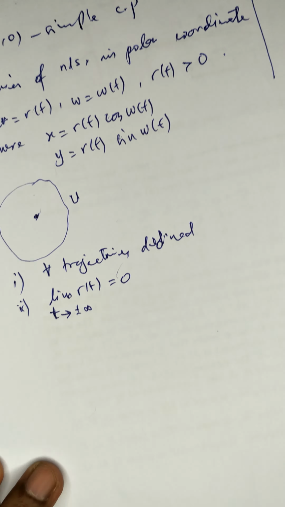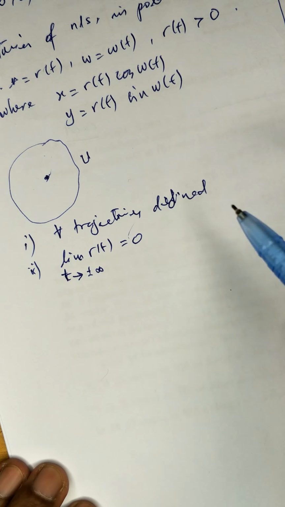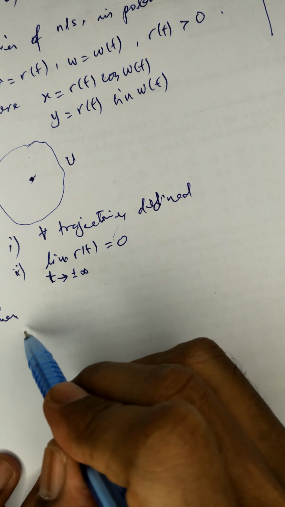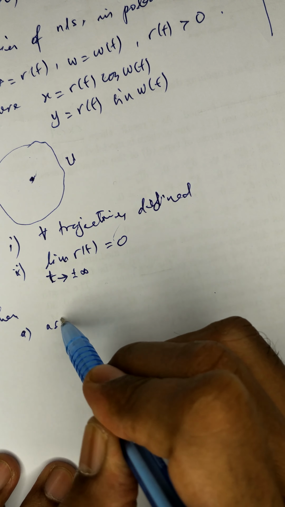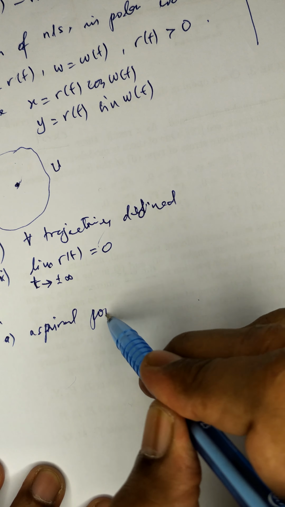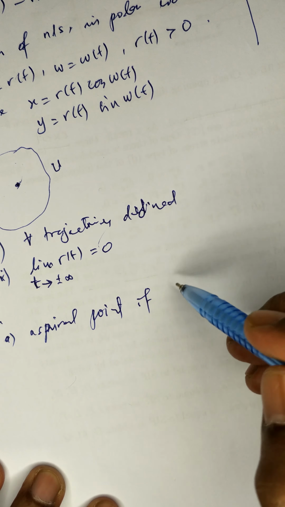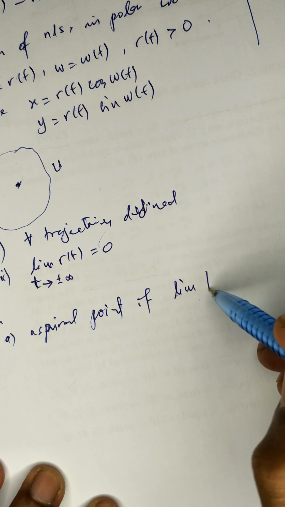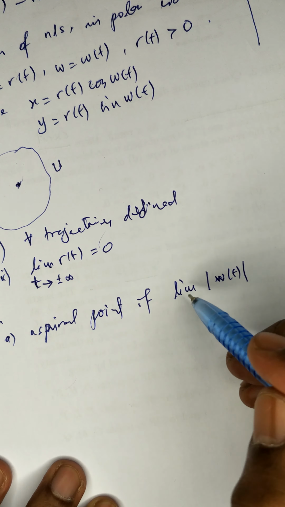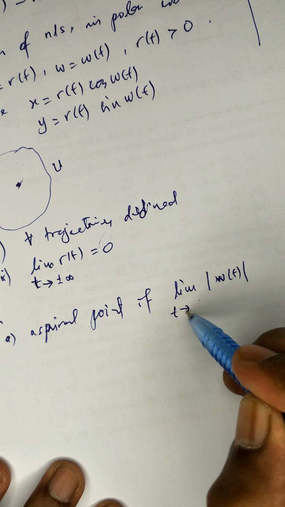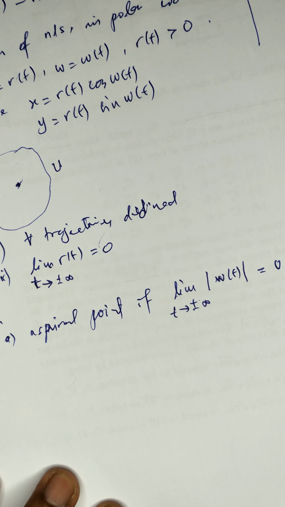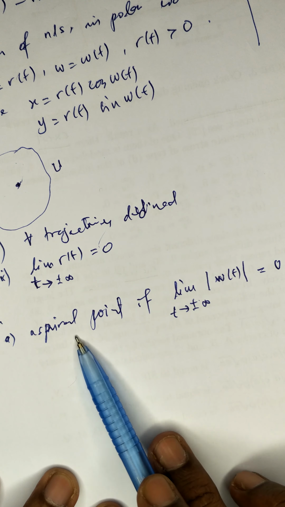Then we say a critical point is a spiral point if the limit of the magnitude of W(t), as t goes to plus or minus infinity, is 0 for all trajectories in U. So that we call a spiral point.